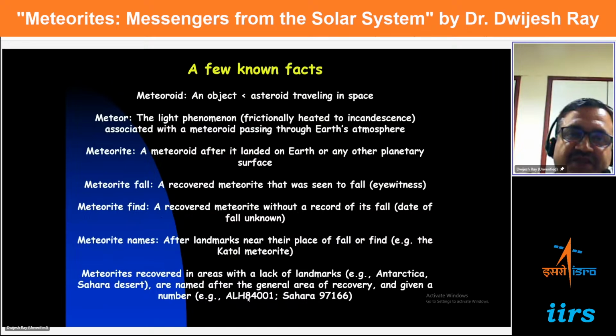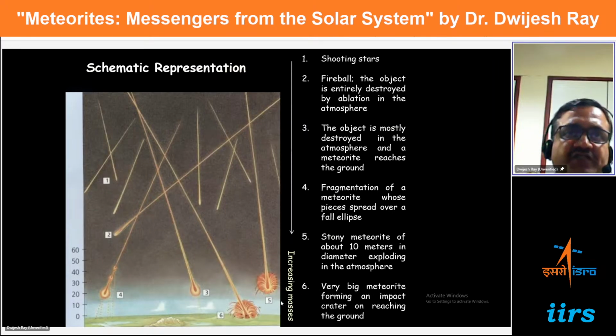When there is an expedition, we have to be careful about the year of expedition and the nearest landmark, such as a hill in an uninhabited area, which we can name it after, and the number of the sample we got. This is the convention. This is the schematic representation.